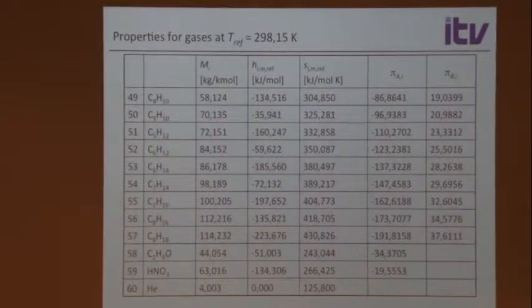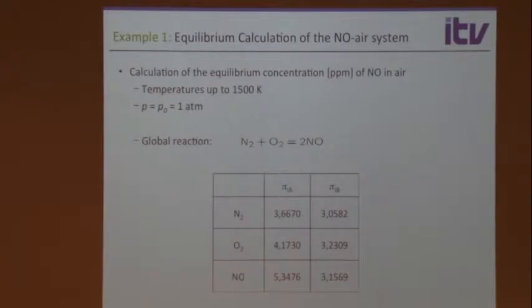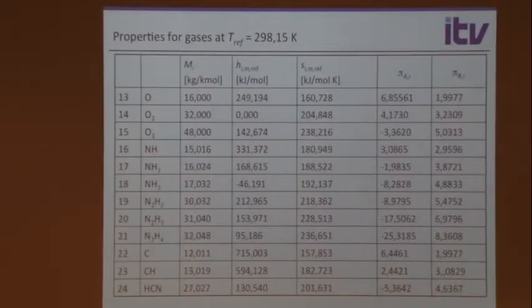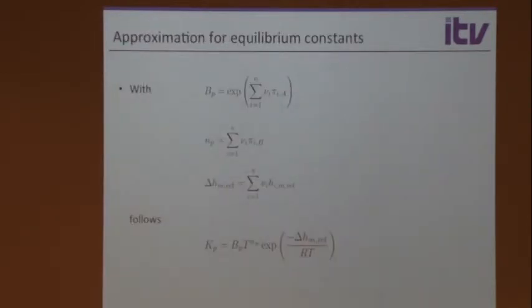Table here for many species. And then at the end of the day, you can just go in these tables for a reaction, evaluate these coefficients, and then you get the Kp. So it's very simple. This is just a little approximation to be able to do this as a back-of-the-envelope calculation. You don't need any iterative solver or whatever.